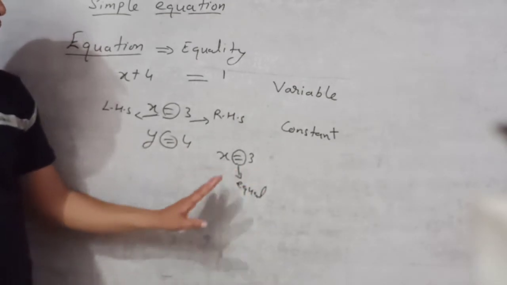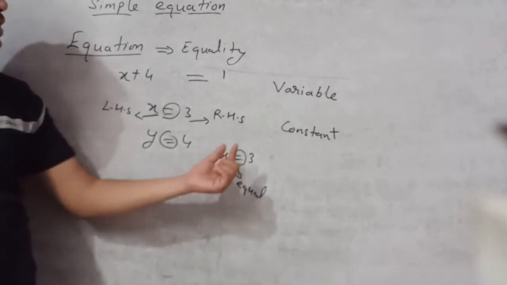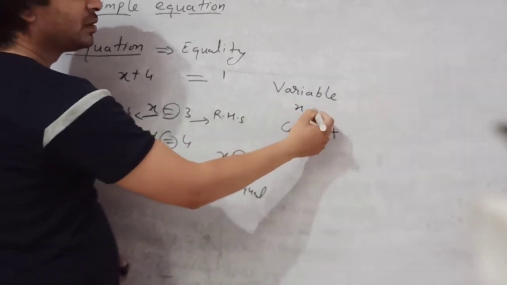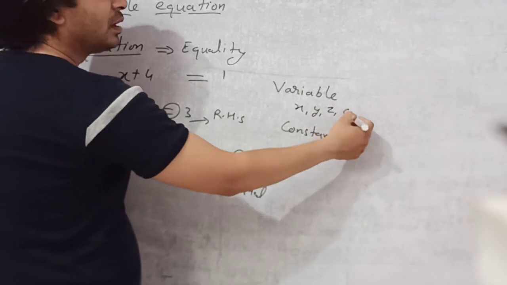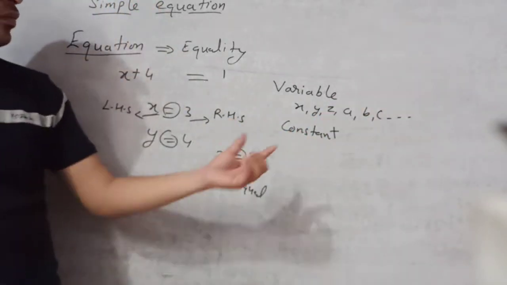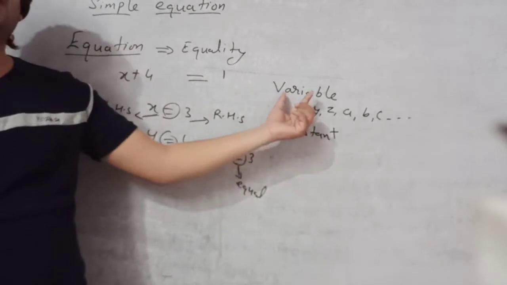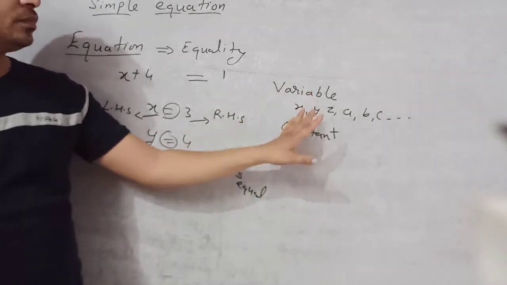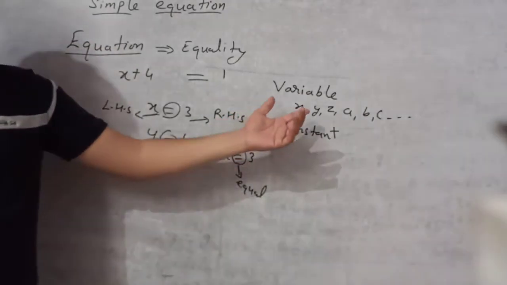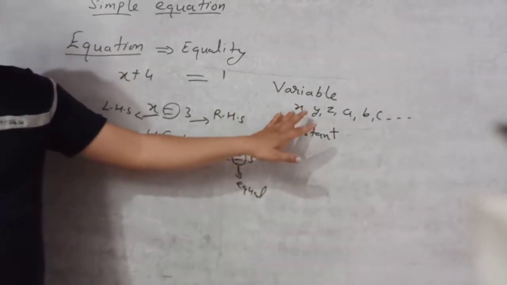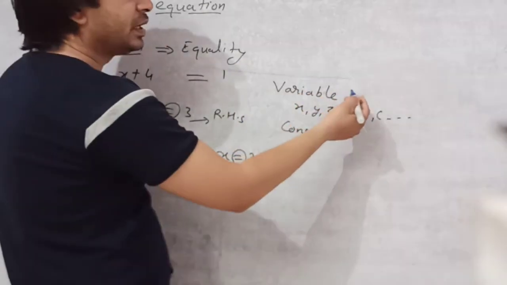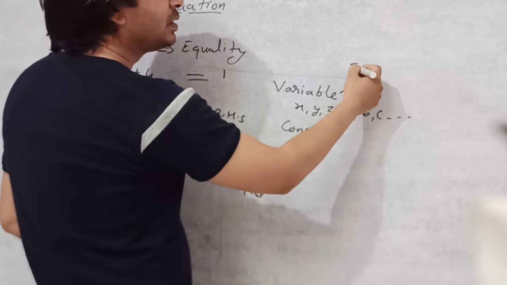Any alphabet that is written, such as x, y, z, a, b, c, is a variable. A variable means any alphabet from A to Z, and its value can be changed.